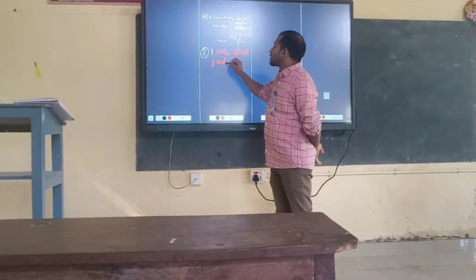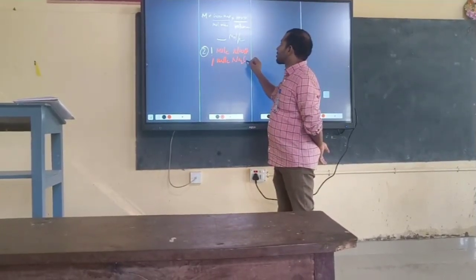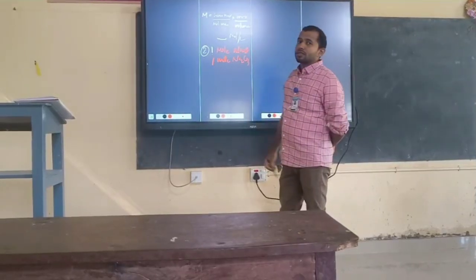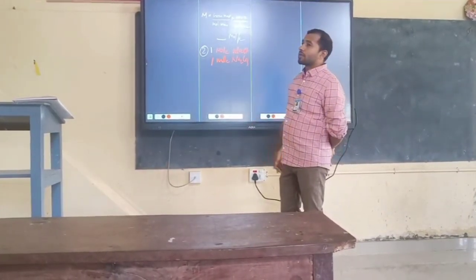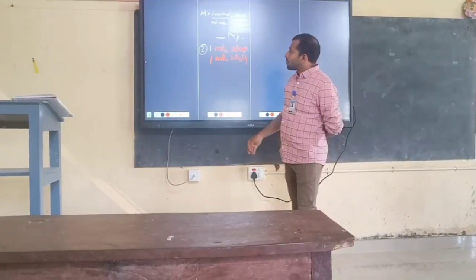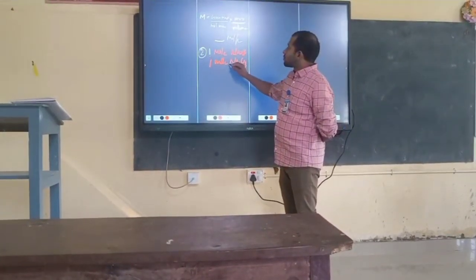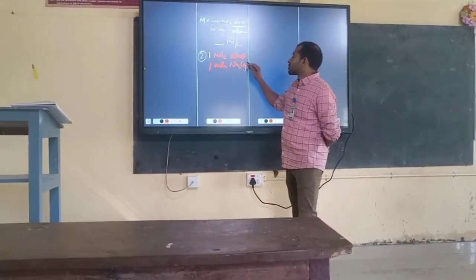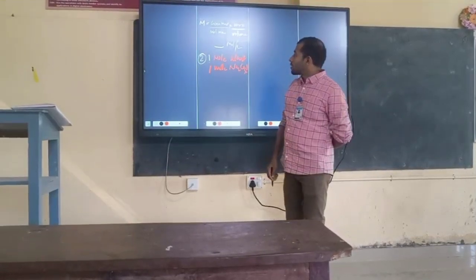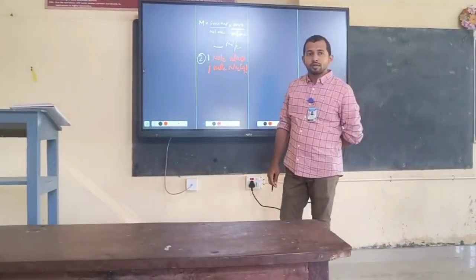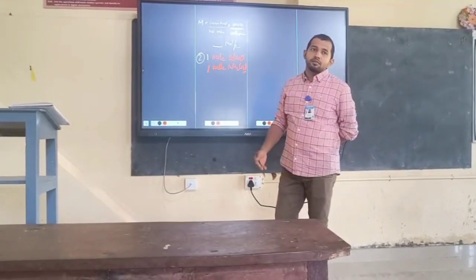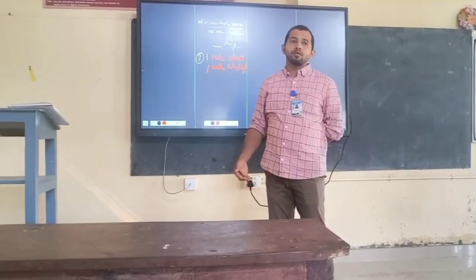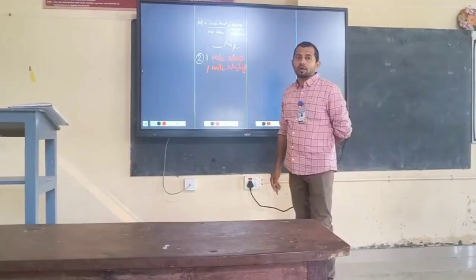Okay, we can take Na2CO3, because NaOH is not a primary standard. We will learn in the next class what a primary standard is. But now let's focus on how we can prepare 1 molar Na2CO3, which is a primary standard. We will understand later why NaOH is not a primary standard.